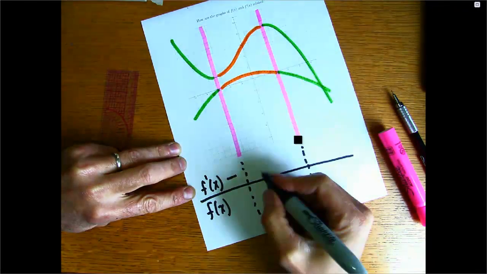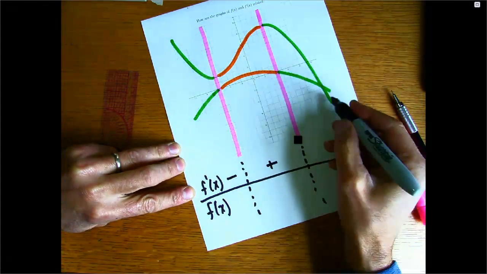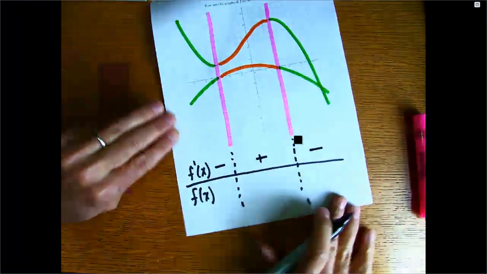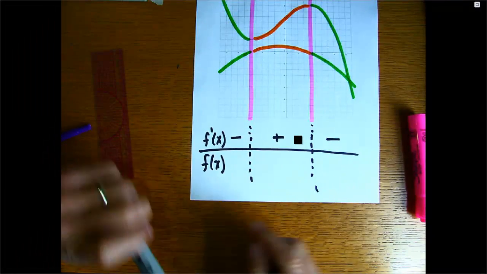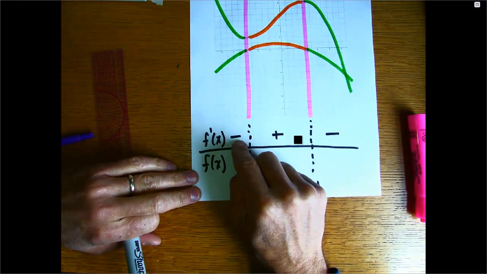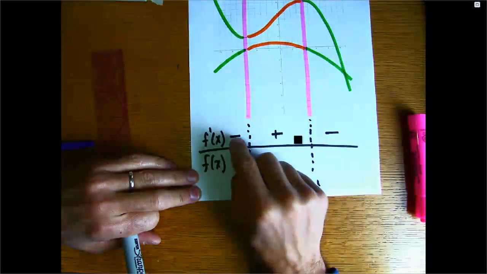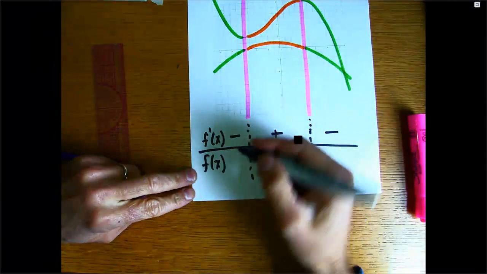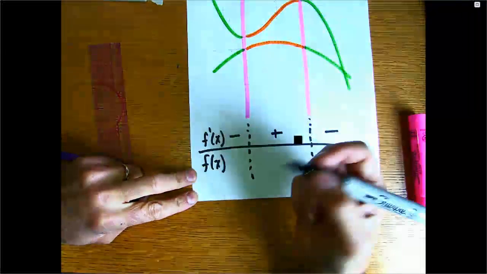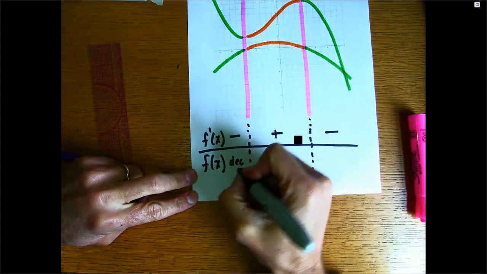In this region, f prime of x is positive, and in this region, f prime of x is negative. So we have negative, positive, negative. What does that mean? Well, if the slope function, the derivative of the function, is always negative in this region, then the function itself must be decreasing.